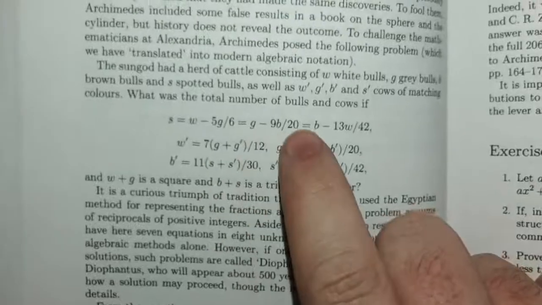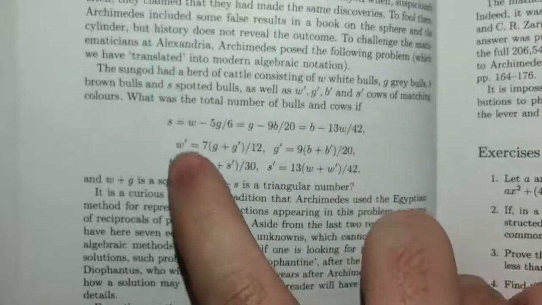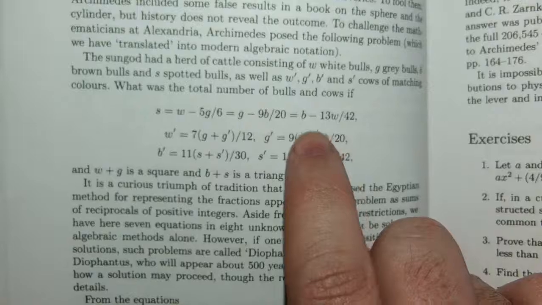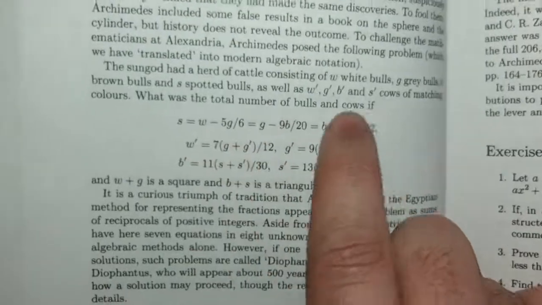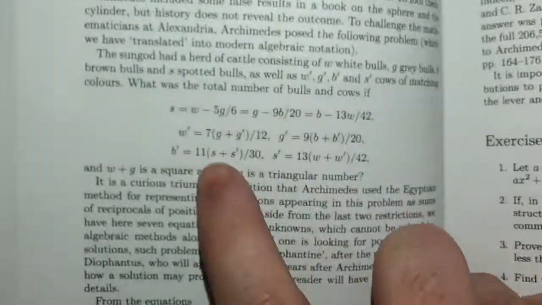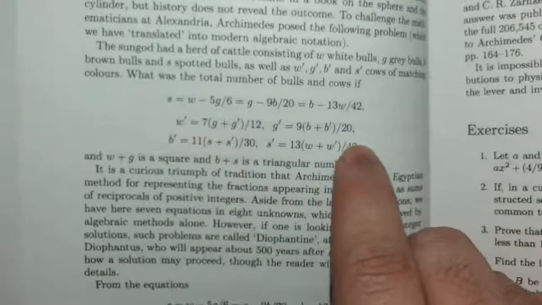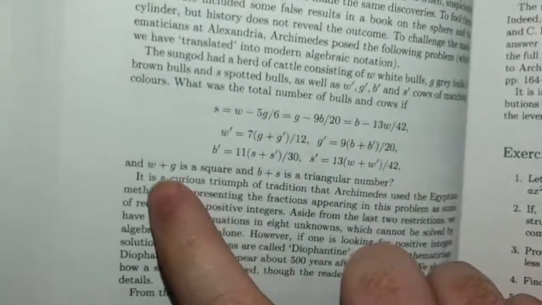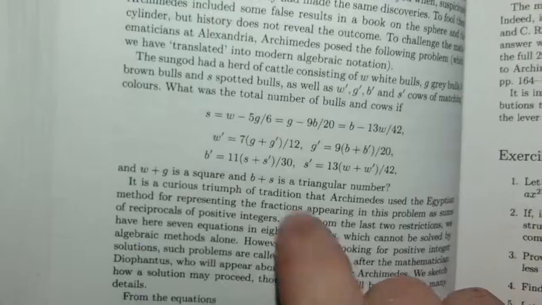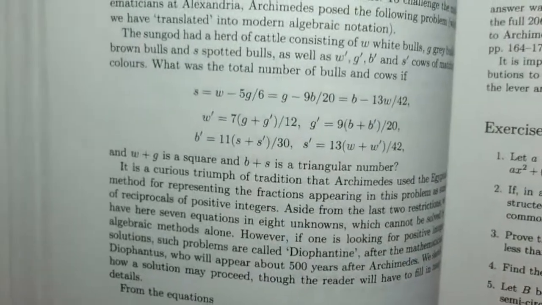What was the total number of bulls and cows if all these things satisfy this relationship here, together with these other relationships, and the fact that W plus G is a square, and B plus S is a triangular number.